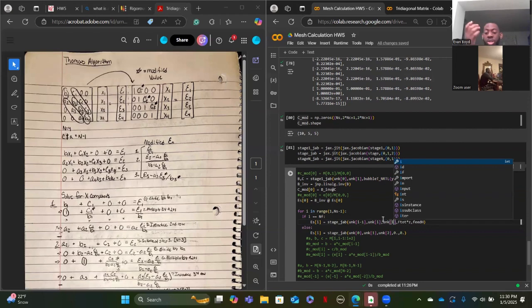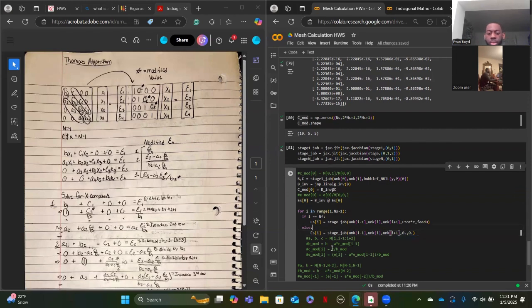So I represents our current stage, then it'd be the stage before our current stage, and then the stages after our current stage. Okay. We've got to do this here as well. On this one, this would be I, this would be I plus one.